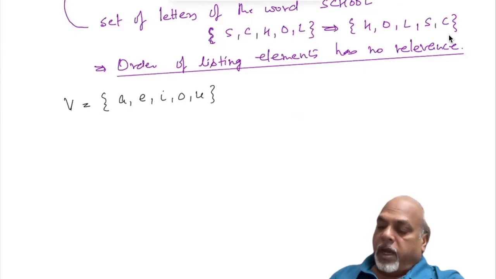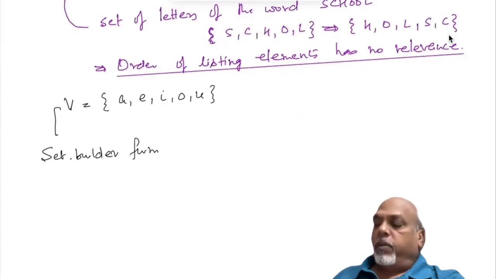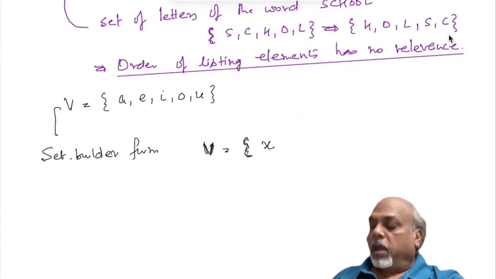This is a roster form. Now, if we write this in set builder form, then we can write V equal to the same bracket, x. x is the element.